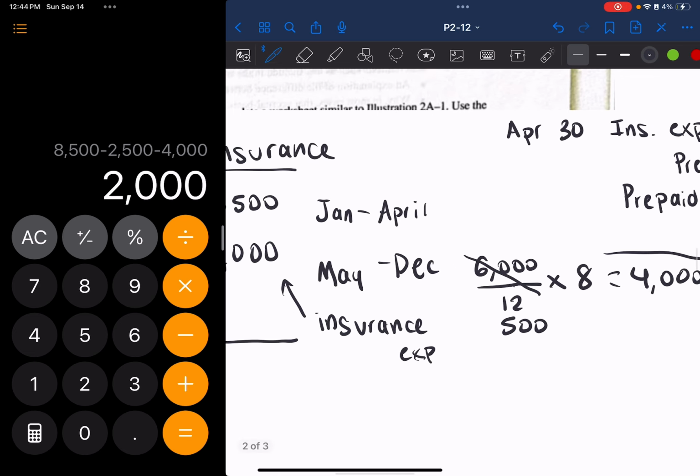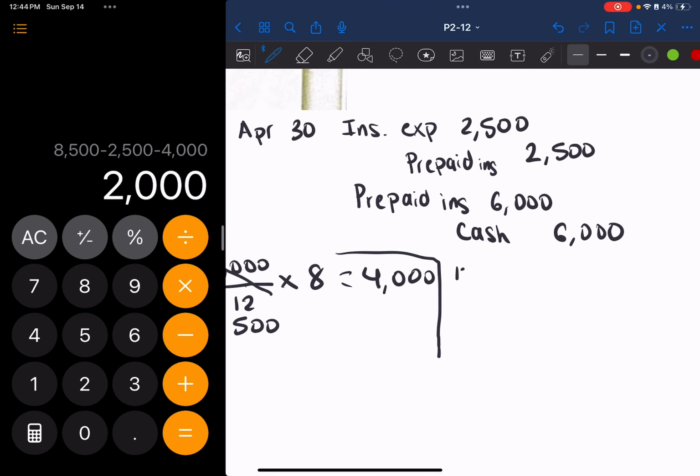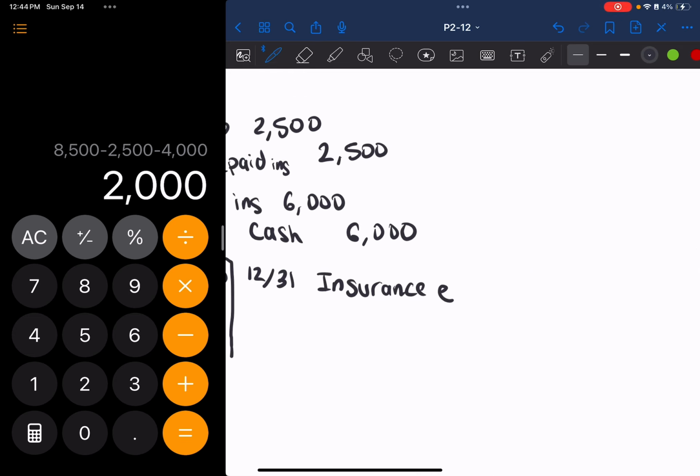And then at the end of the year, so I'll put 12/31, you have to do an adjusting entry. Adjusting entries never impact cash. So we recognize insurance expense and we decrease the prepaid for that amount, which we calculated as 4,000.